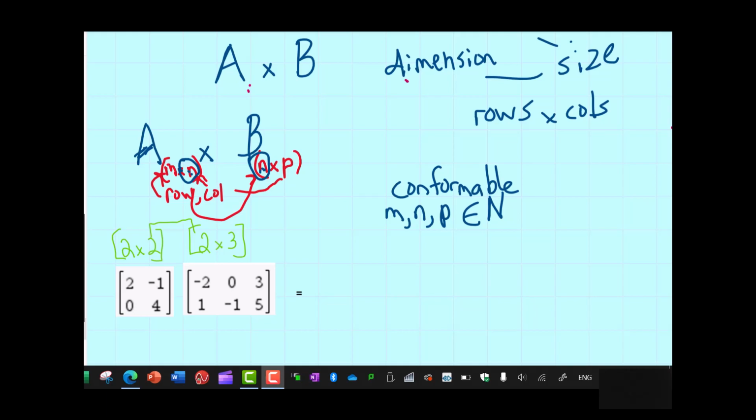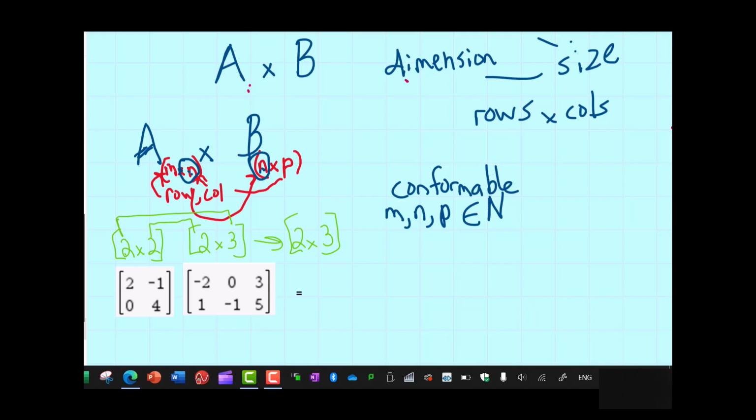The other thing this gives us is the dimension or the order of the result. The 2 and the 3 on the outside mean there'll be an answer that is a 2 by 3 matrix. So the dimension of the resulting matrix will be 2 by 3.